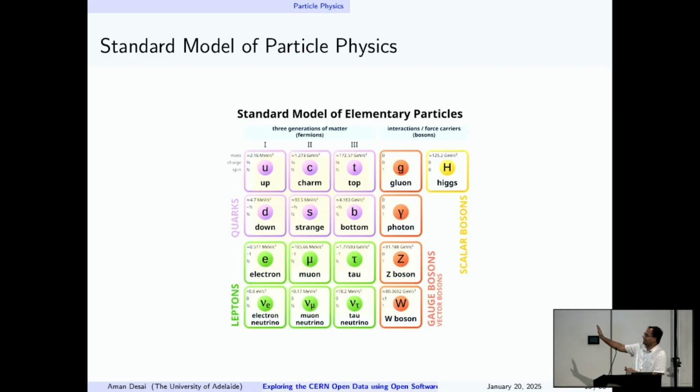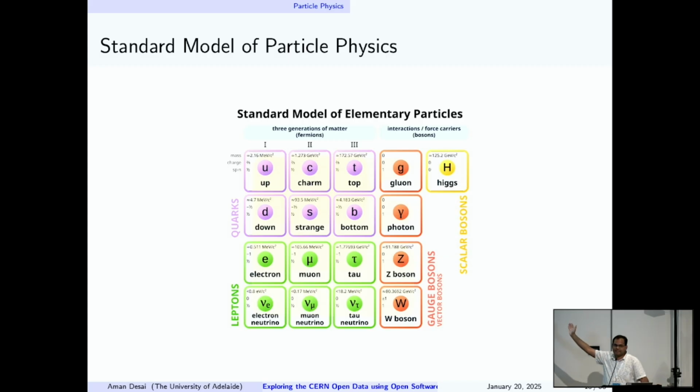And this is what we have got after 50, 60 years of our studies in particle physics, which was followed up with 200-300 years of physics. And what we are down to is this: 6 quarks, 6 leptons, 4 gauge bosons, and scalar boson Higgs.